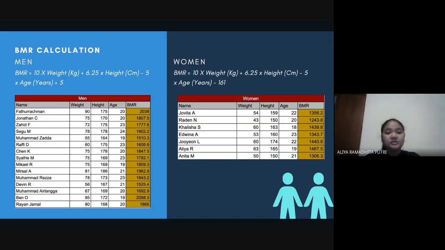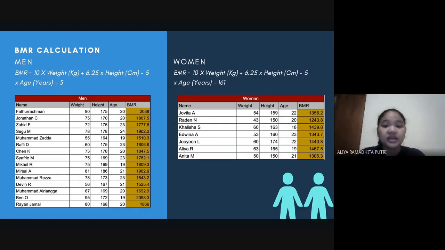So the next one is the BMR calculation. The BMR calculation is different for men and women. So how do we calculate it in men? BMR equals 10 times weight in kilograms plus 6.25 times height in centimeters minus 5 times age in years plus 5.